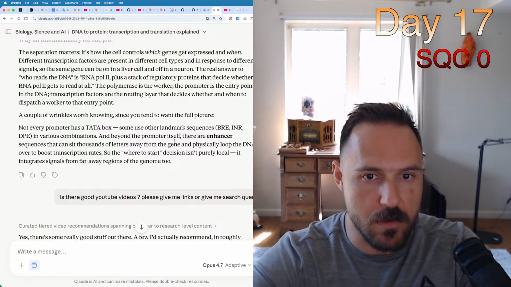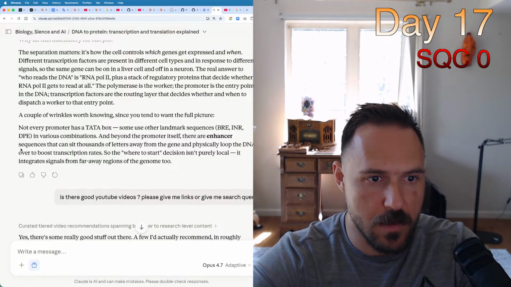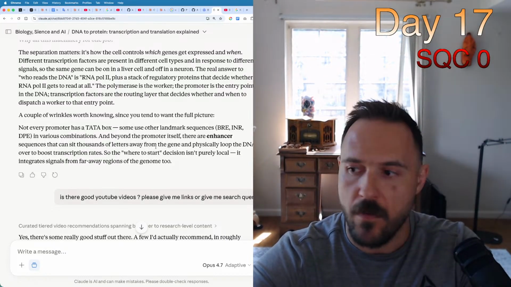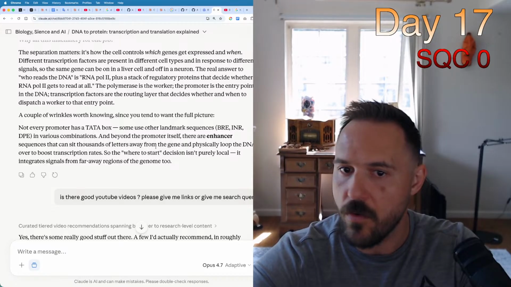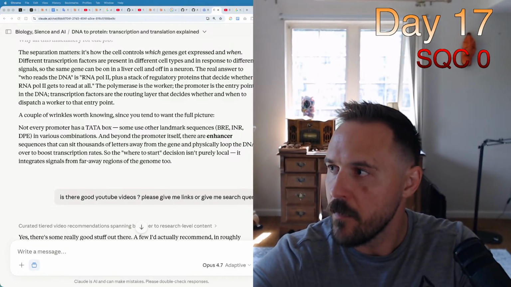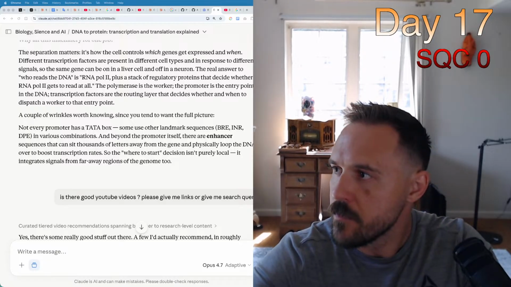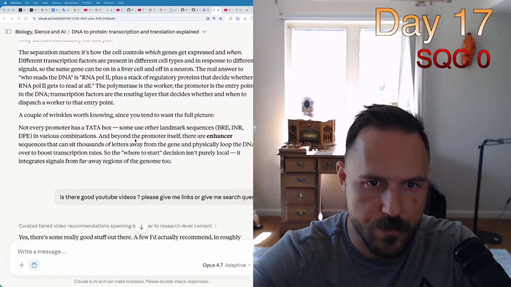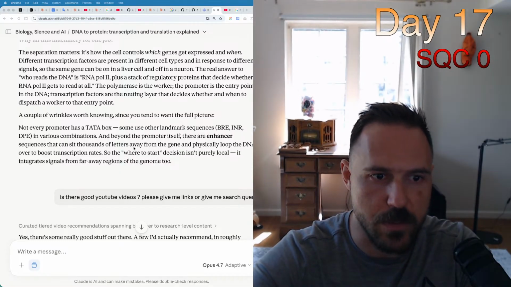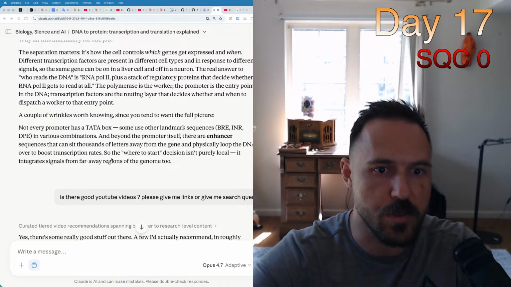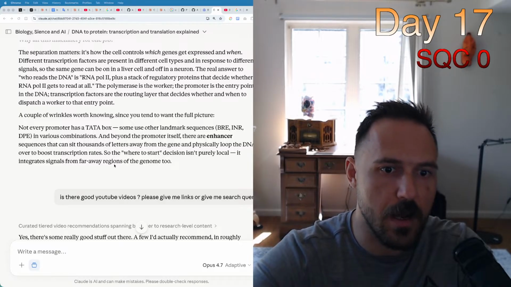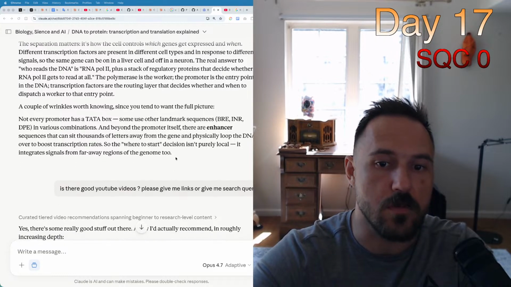And beyond the promoter itself, there are enhancer sequences that can sit thousands of letters away from the gene and physically loop the DNA over to boost transcription rates. So the where-to-start decision isn't purely local. It integrates signals from far away regions of the genome too.